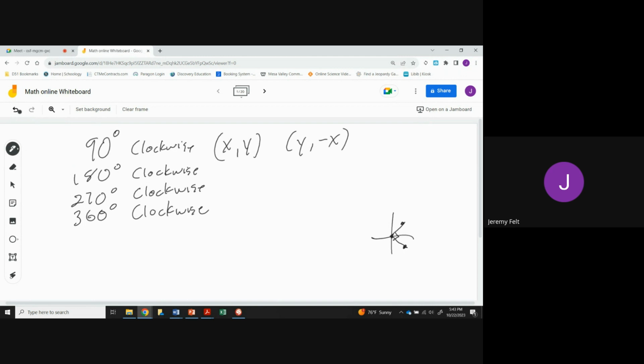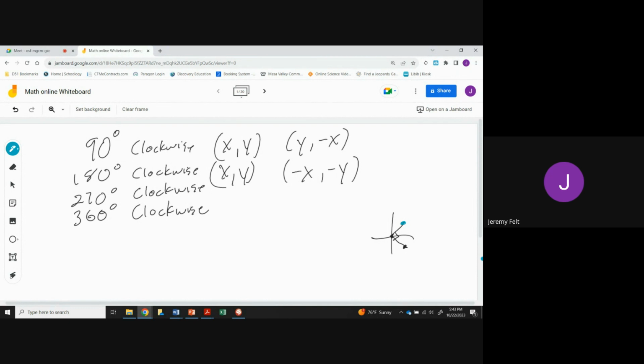180 degrees clockwise, X and Y become negative X, negative Y. This was the point I was starting at, and I did 180 degrees clockwise, or that's the same as 180 degrees counterclockwise.